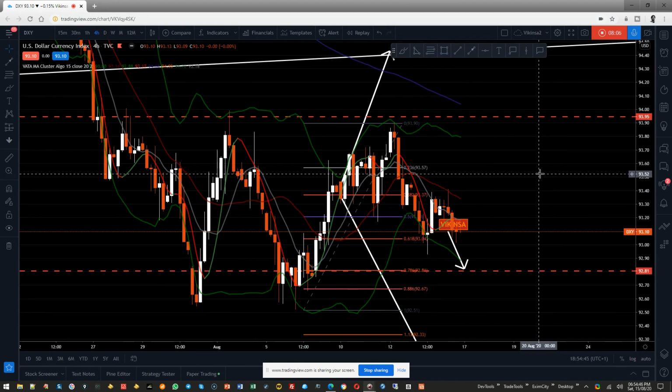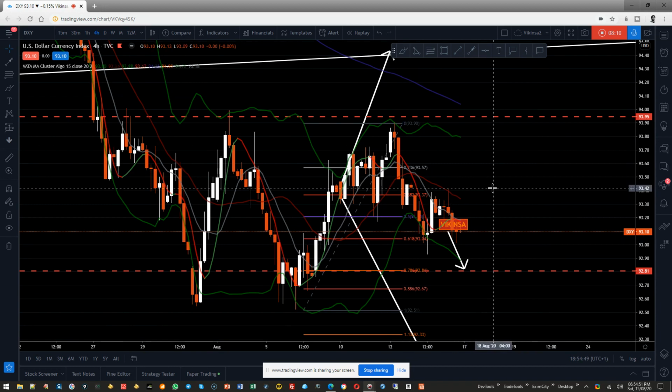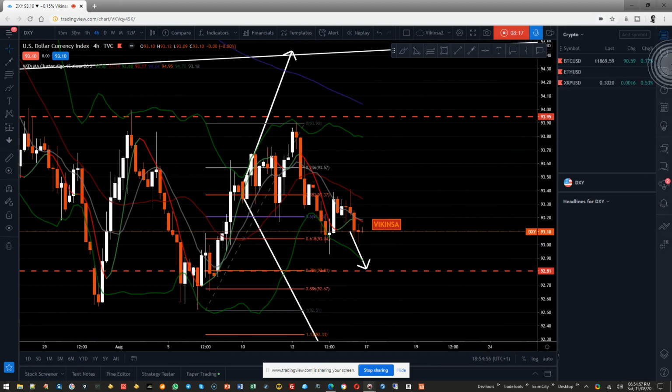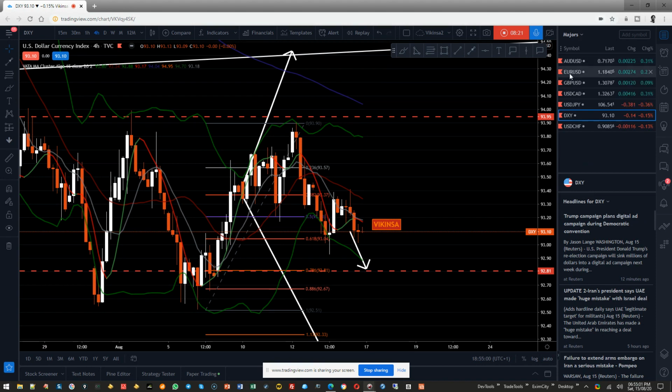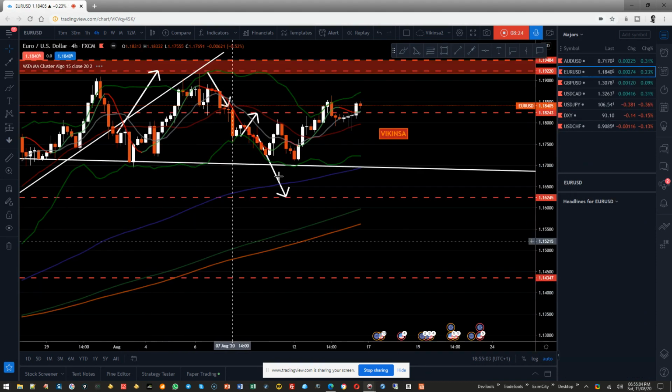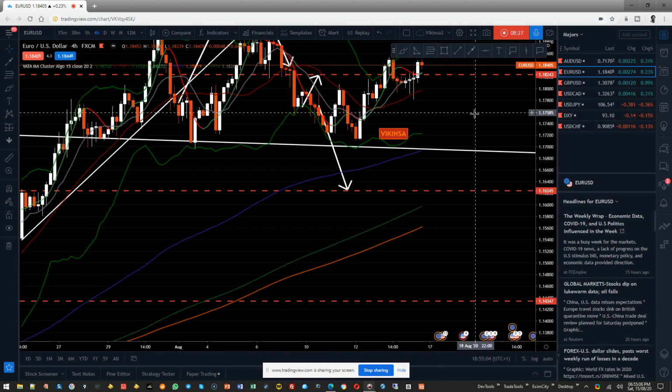So if you're a day trader and if you know how to trade W and M patterns, then this is going to be very good for you, because even if you're not trading DXY, you should find similar kinds of patterns on EUR/USD. If I go to EUR/USD, I'll be able to see a similar structure, but in the opposite direction.